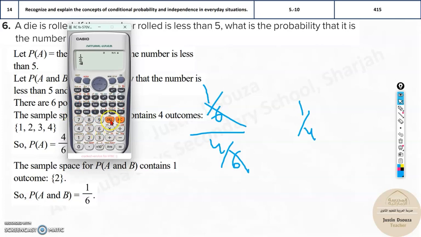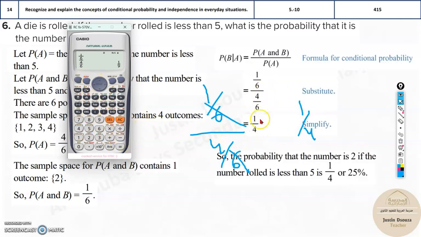Okay, let me just clear it off. 1 by 6 divided by 4 divided by 6. Okay, it's 1/4. This cancels.